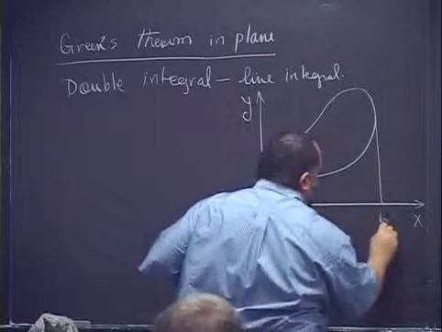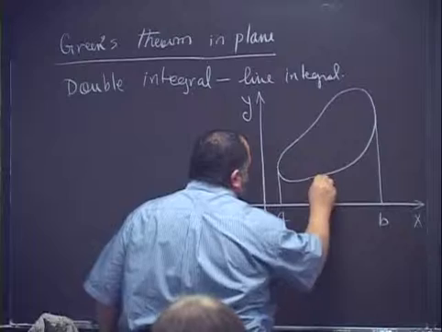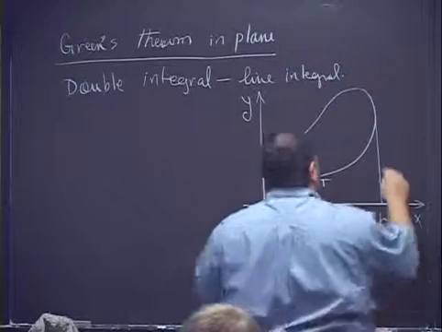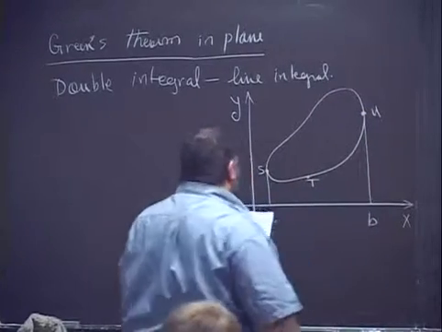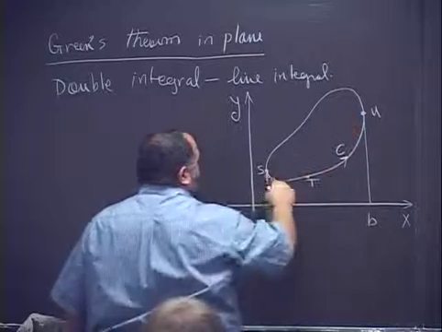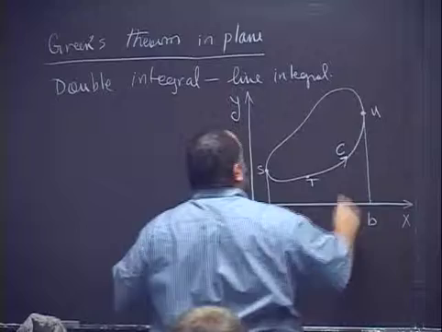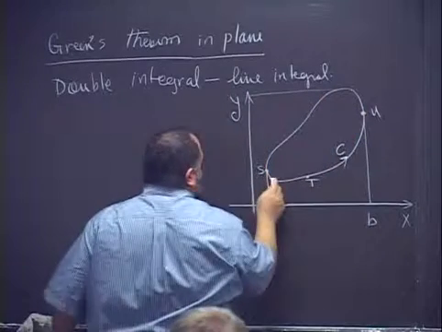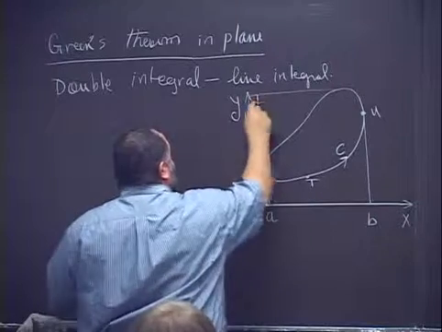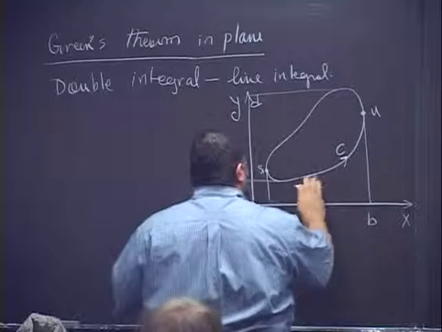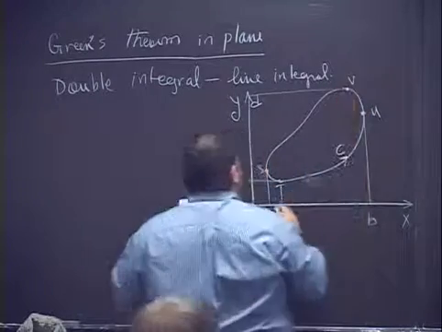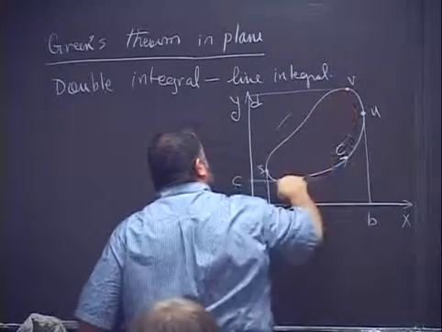This is A, B, and let's assume the minimum in this part of the contour, let's call it T. This point, let's call it S, and this point, let's call it U. So this is just the contour C, and the lower part of the contour is STU, and the upper part, let's call this C, and this is D. Let's call T here, and this is V. So this part of the contour is TSV.